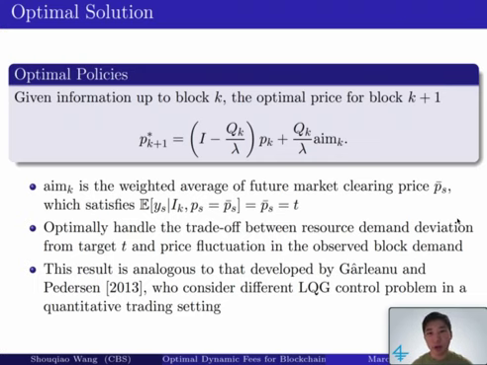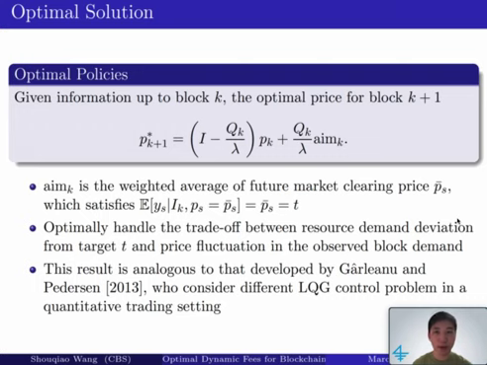So after solving this optimization problem, our optimal fee, pk plus 1, is a weighted average of the previous price pk and a parameter called mk.